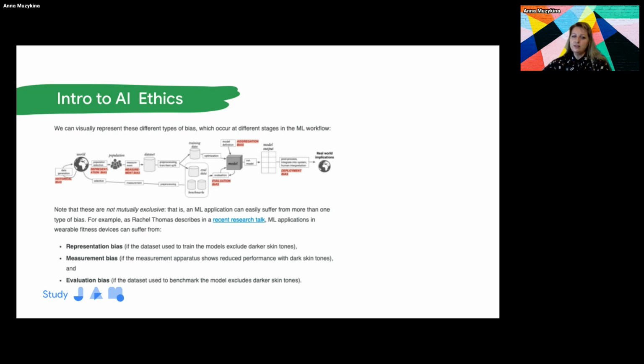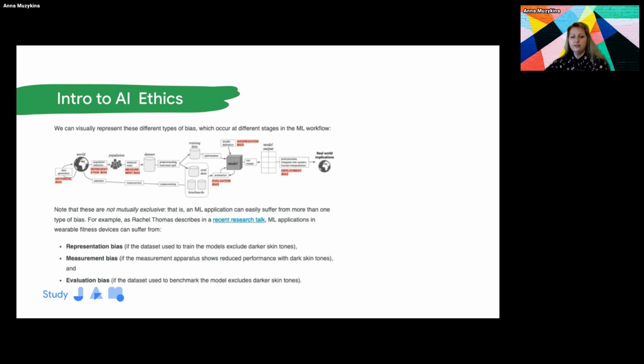This course is important because it provides a foundational understanding of AI ethics. It will equip you with the tools to identify and mitigate bias, design AI with human needs in mind, and encourage critical thinking about AI's impact on society. It will teach you how to think about the ethical implementation of the AI that you are creating.